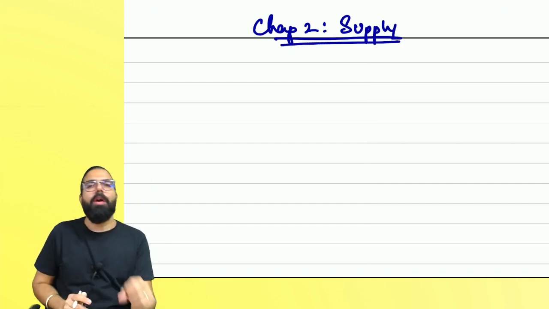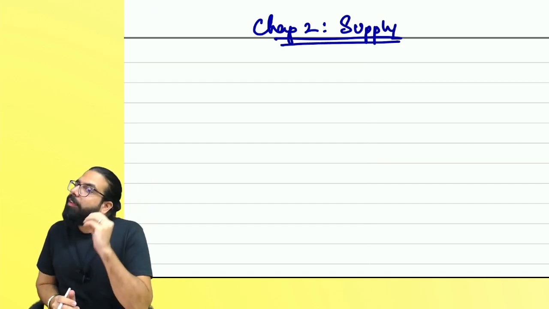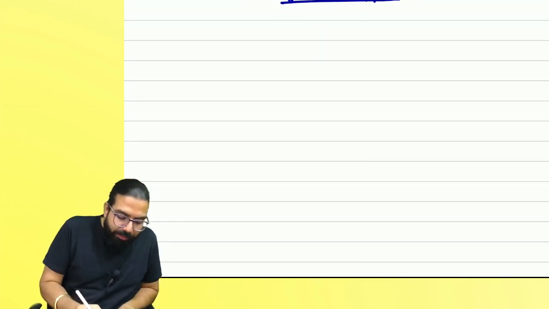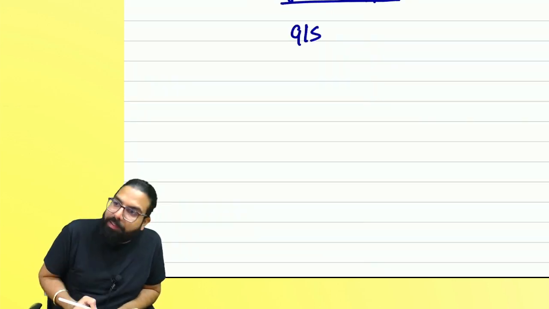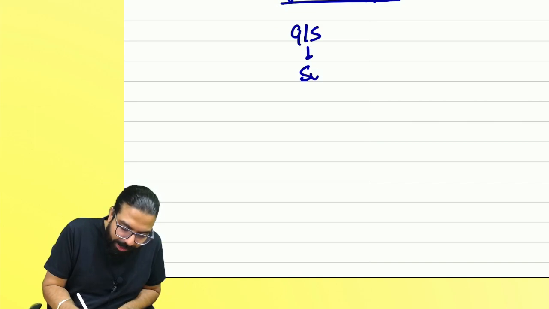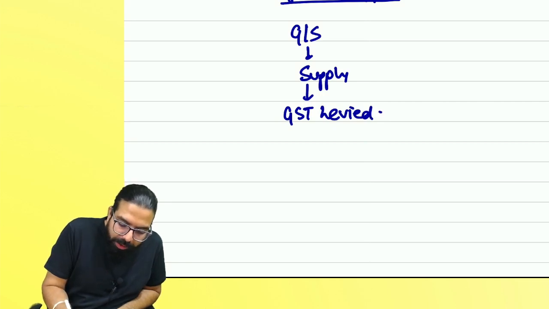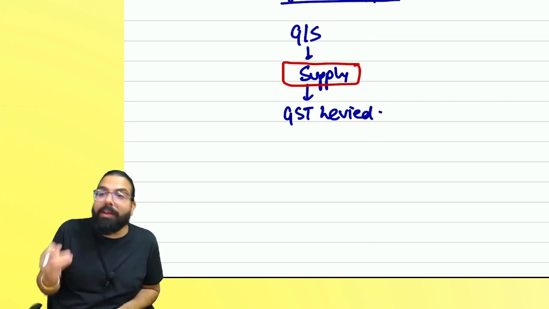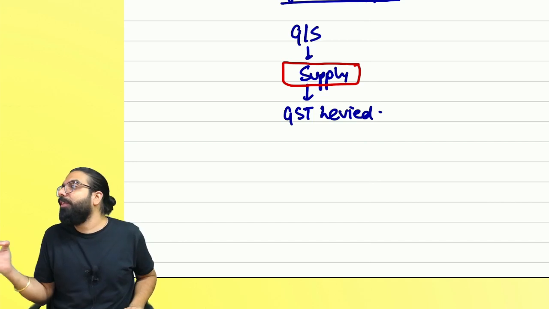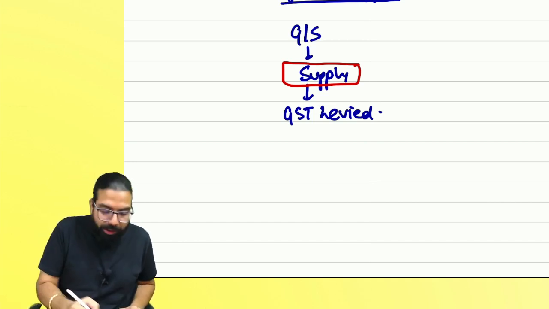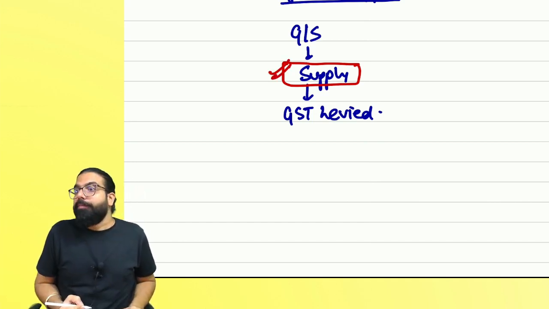Listen. Sir, what is the linking of the chapter? Listen. Whenever goods or services are being supplied, what will happen, everyone? GST will be levied. So, what is the taxable event? What is that event because of which GST gets levied? That event is known as what, everyone? Supply. Are we clear?